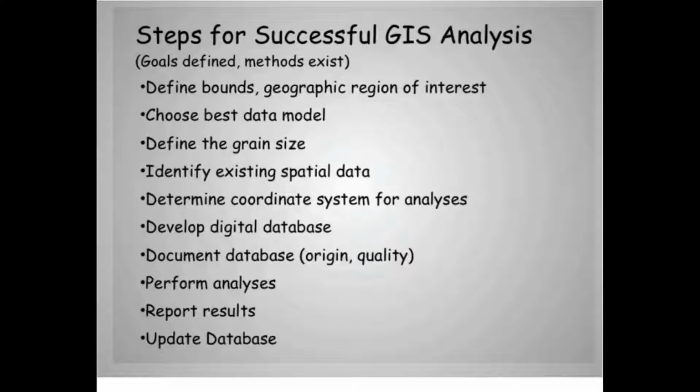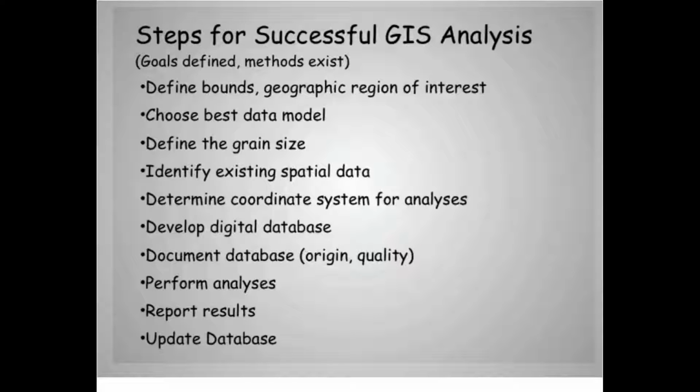Okay, so when we go to do a GIS project, we need to basically go through these steps. First one here is to define the bounds. That may be done almost subconsciously, but it is done. In other words, if you're doing a project, you need to define where in the world you're working.